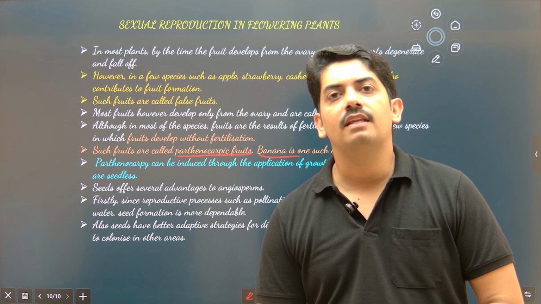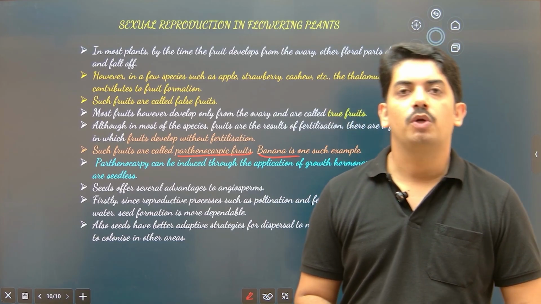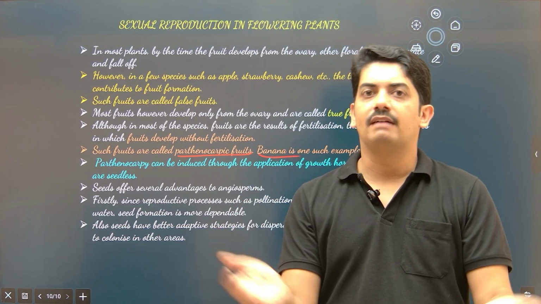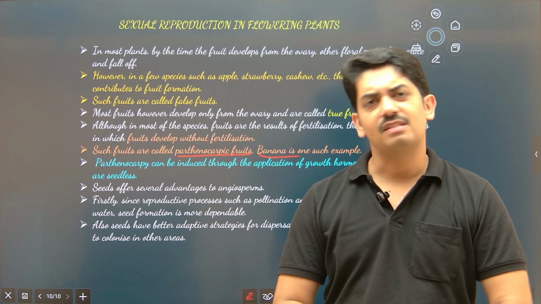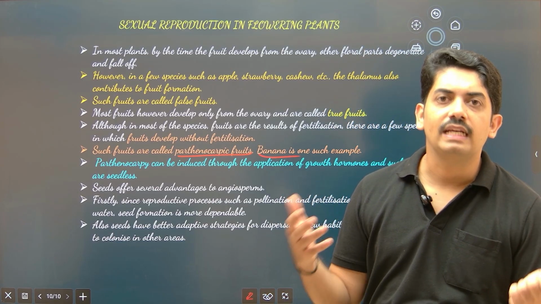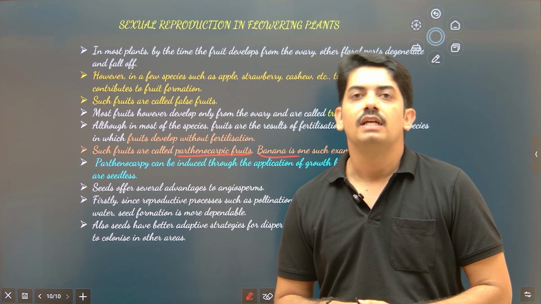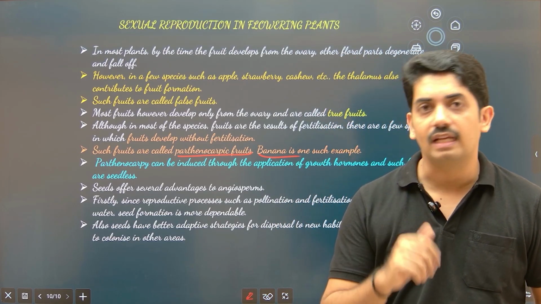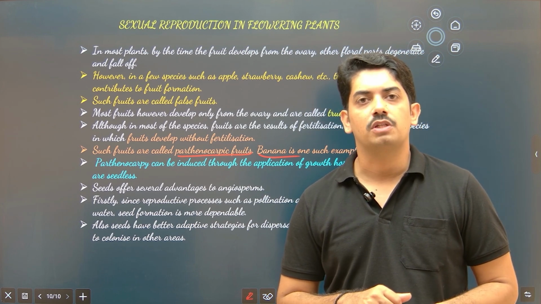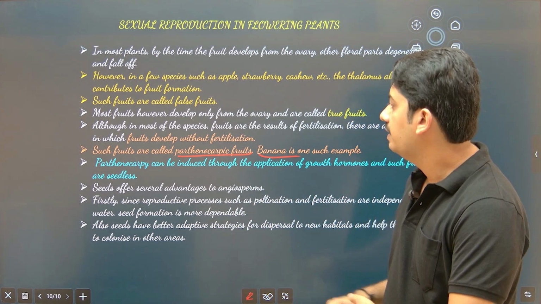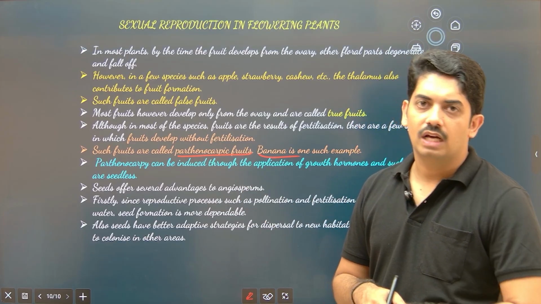That's why in banana you can see it produces very large colored bracts. They are simply covering all the flowers, because the flowers do not require any type of pollinators. Even though insects, if they visit the flowers, will get a reward in terms of nectar, the flowers don't require insects for pollination.